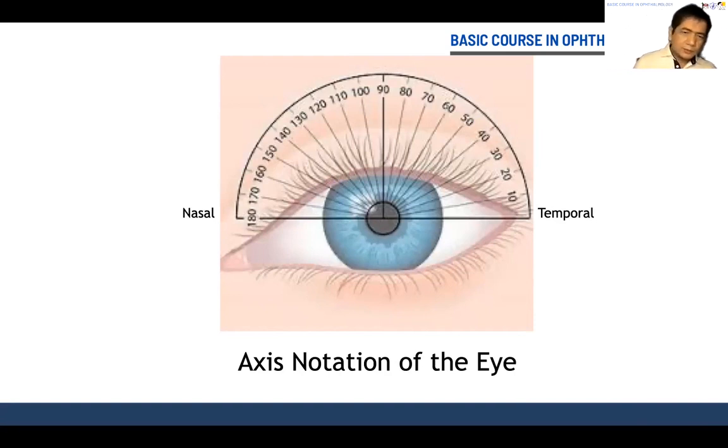On the right eye, it goes the same. So zero on the left, that is the medial portion of the right eye, and 180 in the temporal portion of the right eye. So that is the axis notation of the eye. This is important because this is the area where we need to correct the astigmatism.